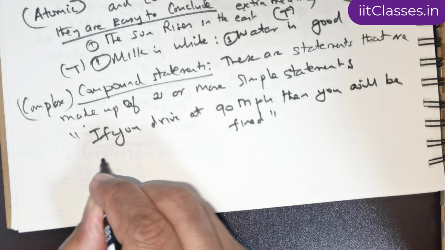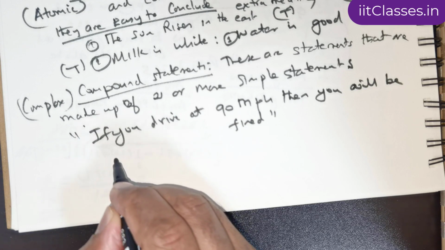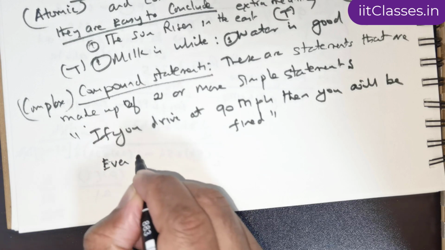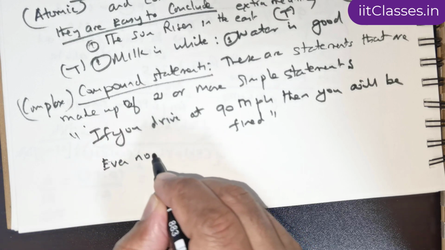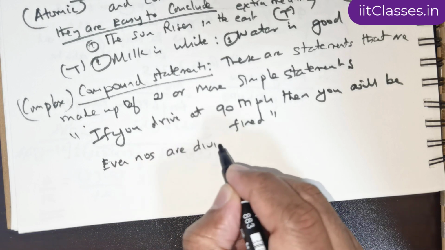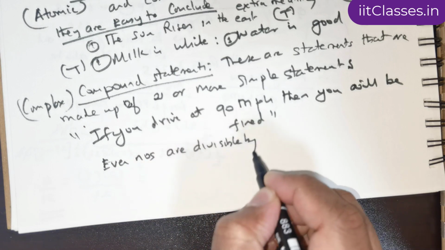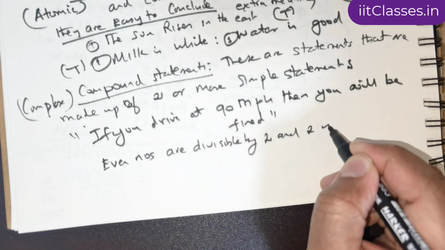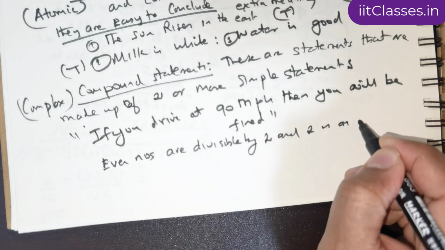Another example, let me give you this. Even numbers are divisible by 2 and 2 is an even number.